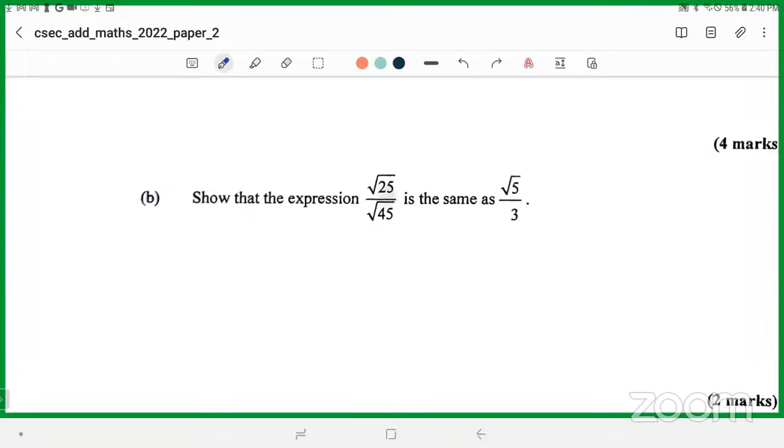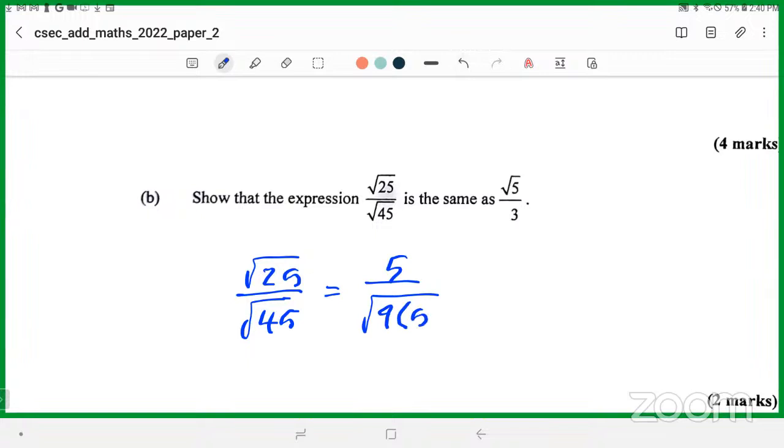Now first, the root of 25 is 5 right here. First, I'm going to write it as 5 over root, a perfect square, that is 9, times 5. The root of 9 is 3. So it becomes 5 over 3 root 5.